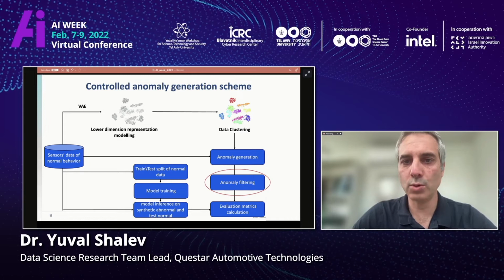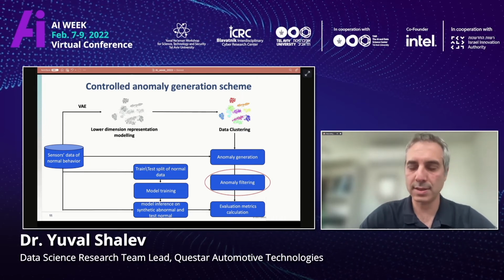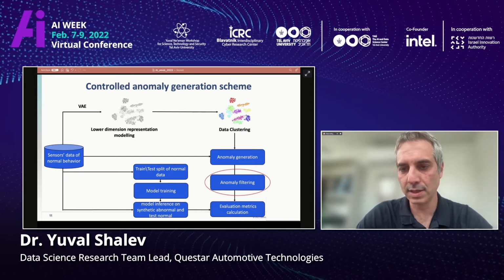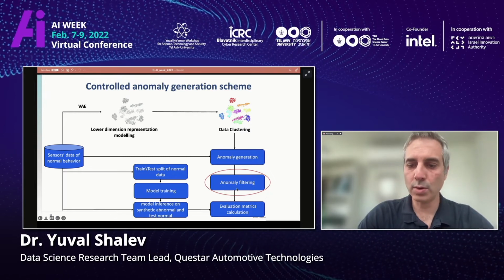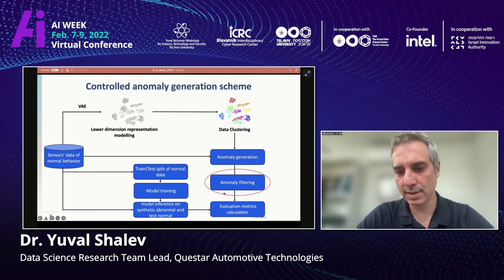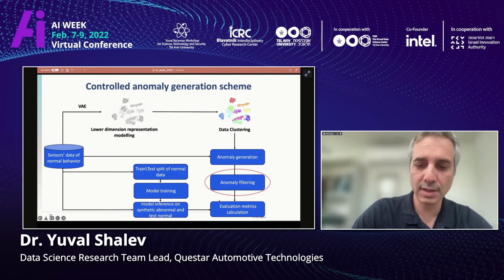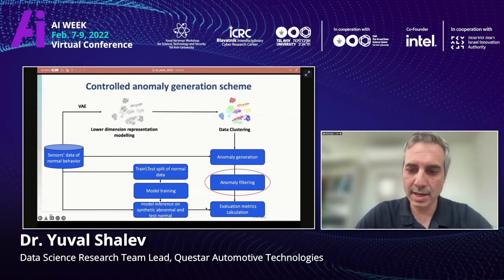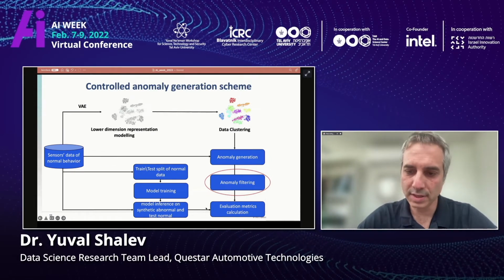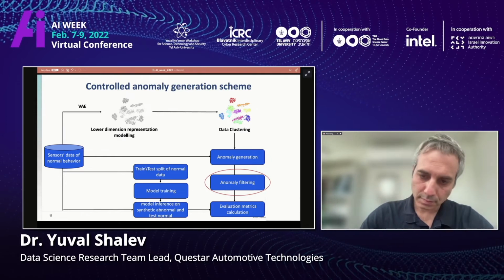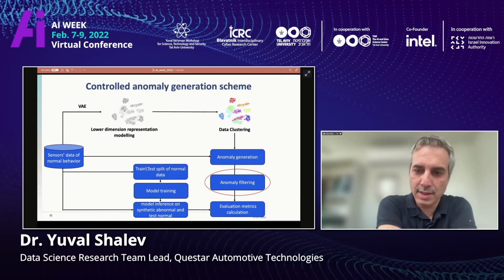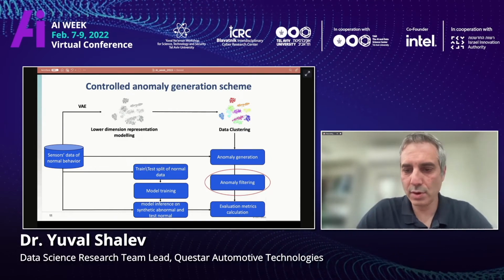This is the way we control the strength of the anomalies. And then when we have the synthetic anomalies that we filtered, we can apply any evaluation scheme, cross-validation, etc., and calculate evaluation metrics.